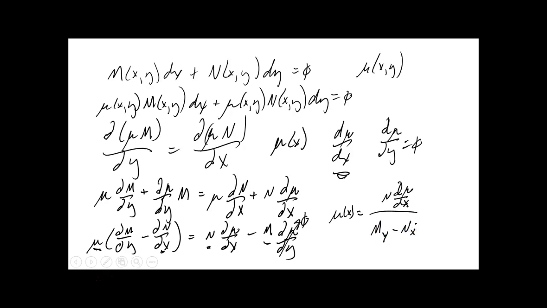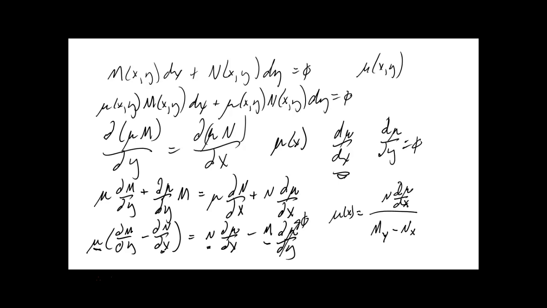Remember, we already figured out what m sub y and n sub x was when we first started. So we didn't throw that away. We used it here. And that difference, not 0, is going to be there. So now we have mu, a function of x, is equal to this.